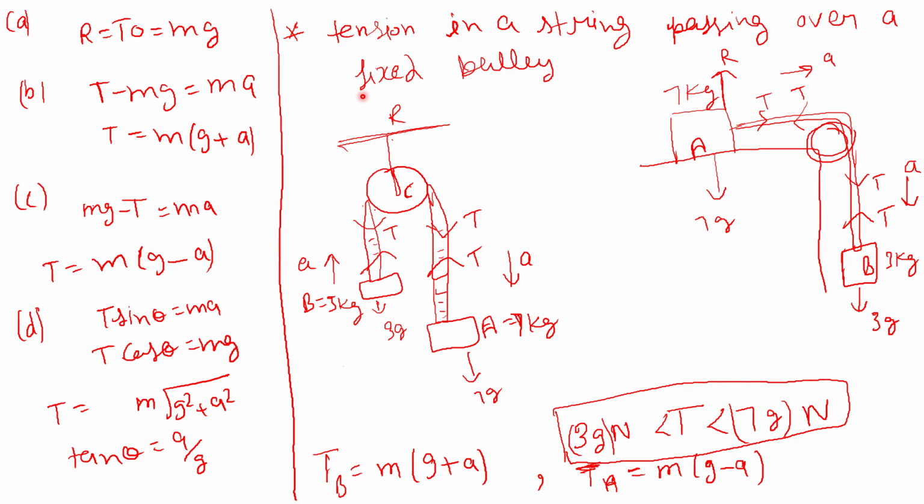Now next we see tension in a string passing over a fixed pulley and loaded at the two ends, such as the Atwood machine shown in this figure.